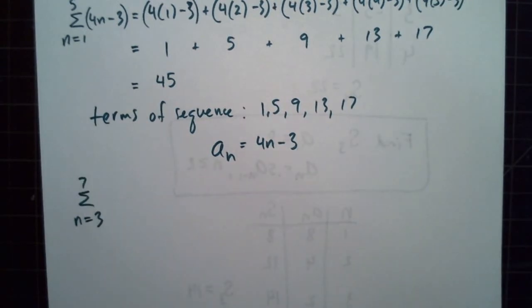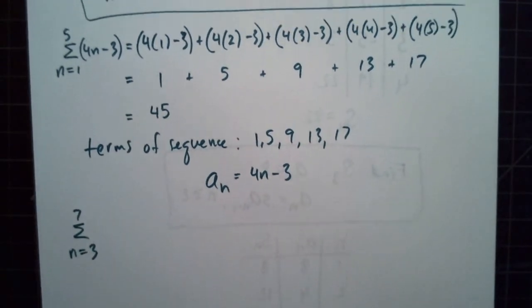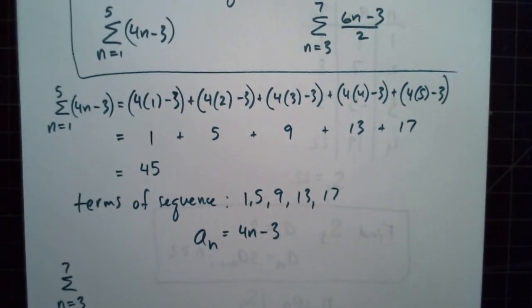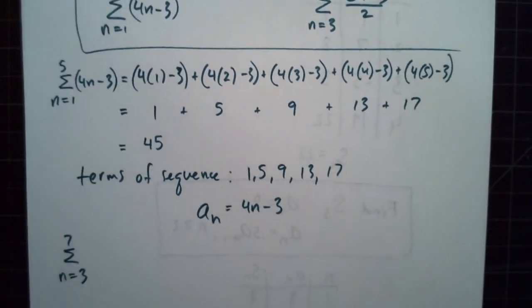Alright, pause the video and try the last one. 6n minus 3 over 2.